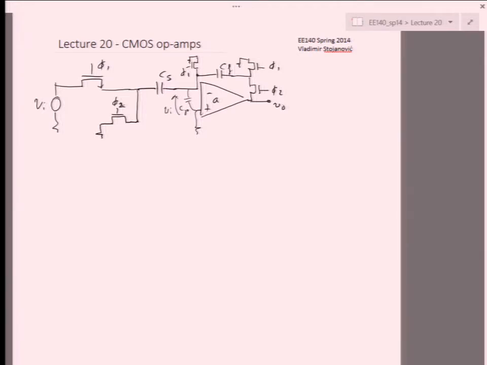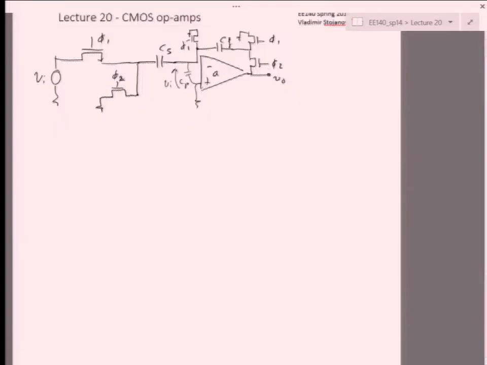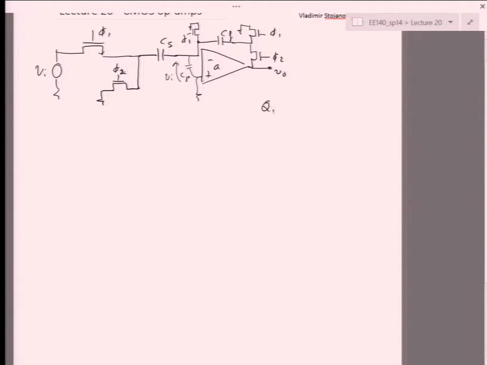It's also potentially the bottom plate capacitance of this capacitor, because in MOSFET technology, the way you lay out the capacitors, you may get parasitic capacitance to substrate as well. So in this case, our Q1 is still minus VI CS, because this node gets grounded hard by this switch.